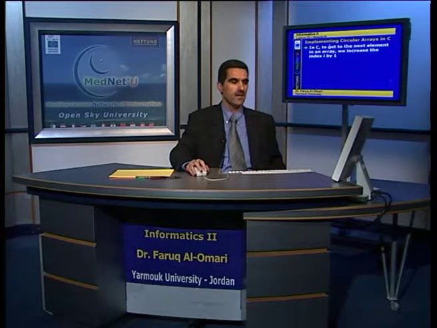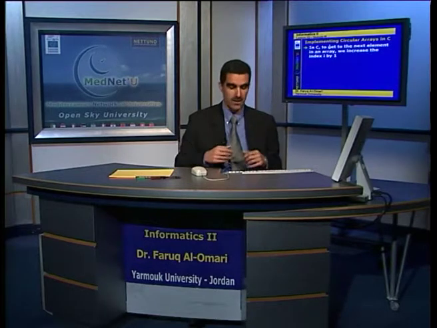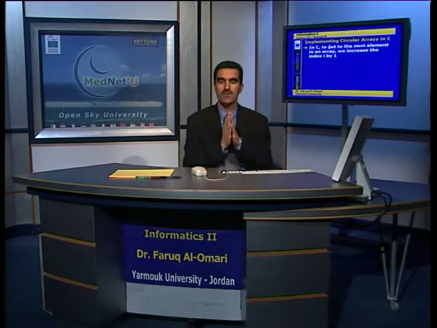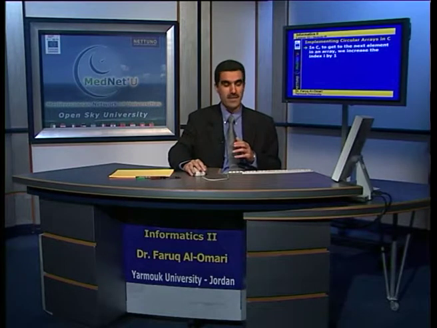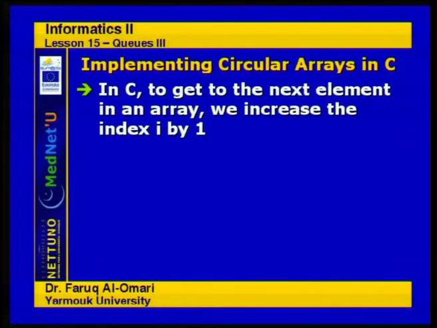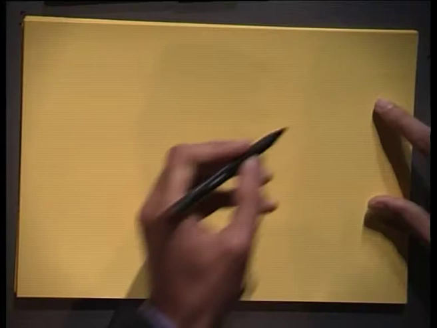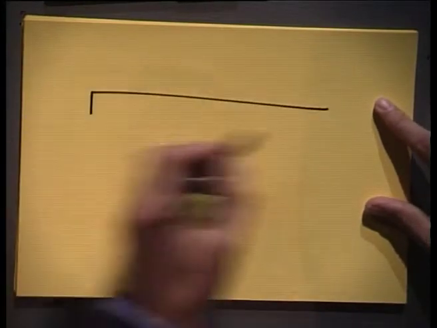Okay, let's start with the implementation, and basically this is a continuation from where we ended last time. Basically in C, to get the next element in an array, we increase the index by 1. That's the way we access arrays.